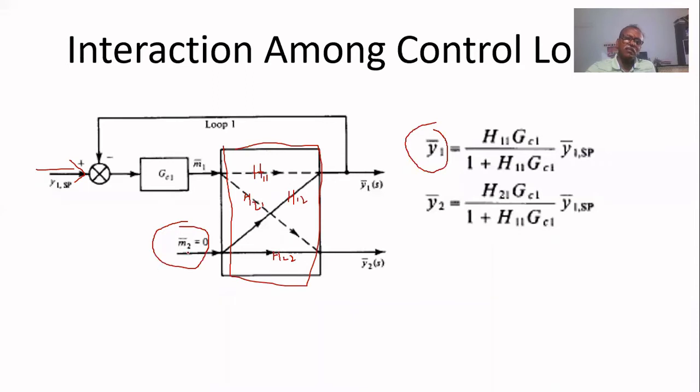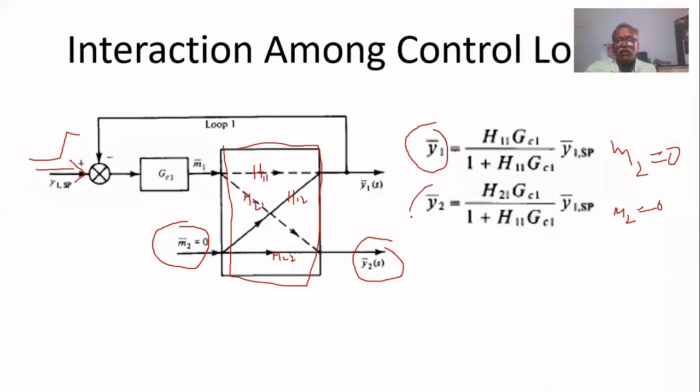If any change in m2 happens, that will affect y1. This is true only when m2 equals 0. Similarly, we can write for the second loop h21, by keeping m2 equal to 0. For y2 we can write, if any change is given here, definitely the change in m1 will affect y2.